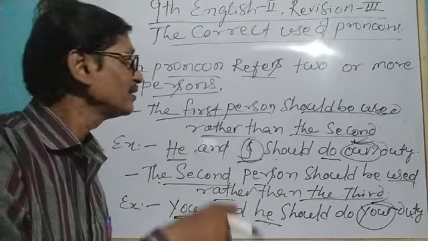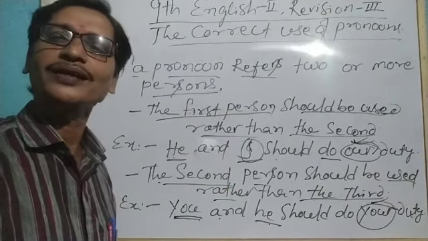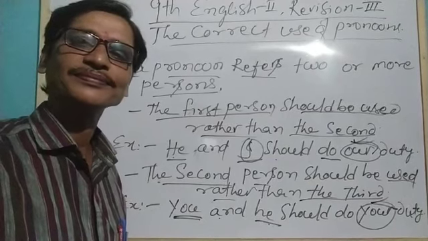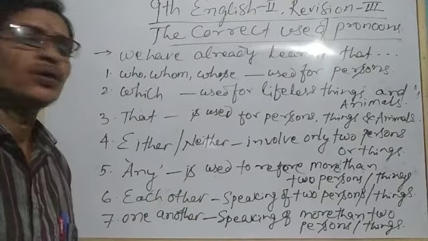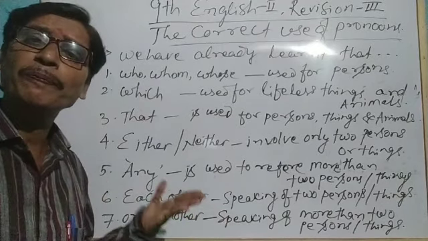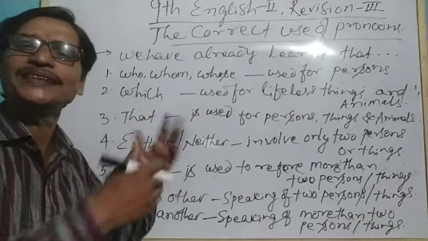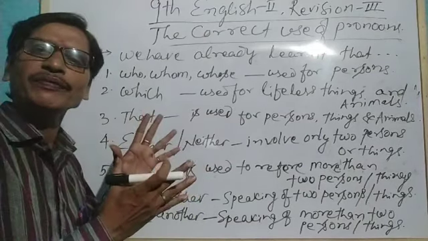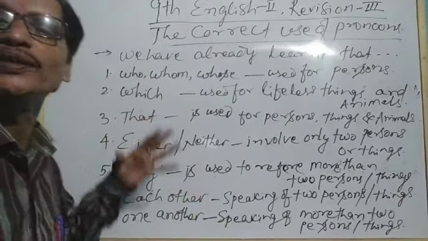Let's understand the next such rule. Instruction for correct use of pronouns. Here you see some of the pronouns we use. We already know them. For what purpose we are using them. Still, we are revising them to have more clear understanding about the use of pronouns.